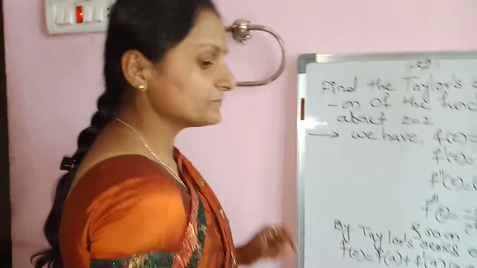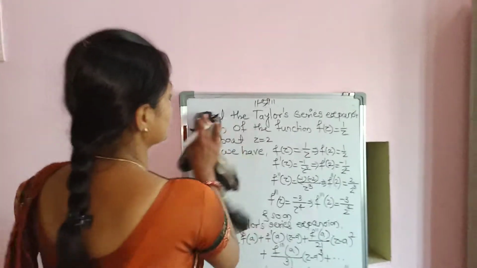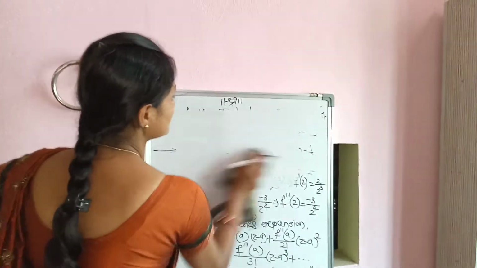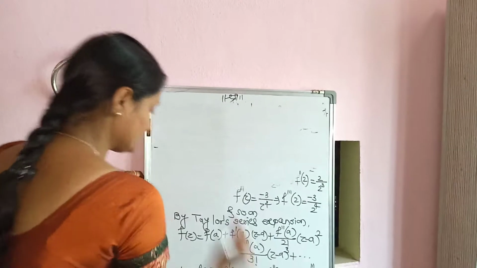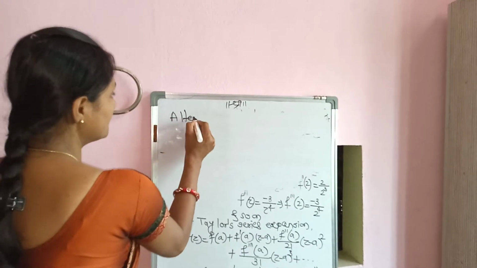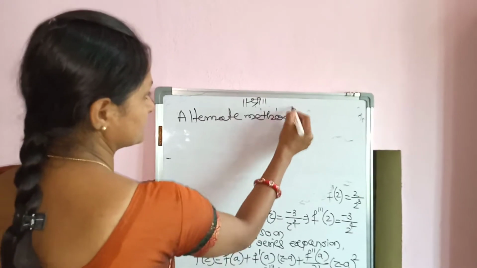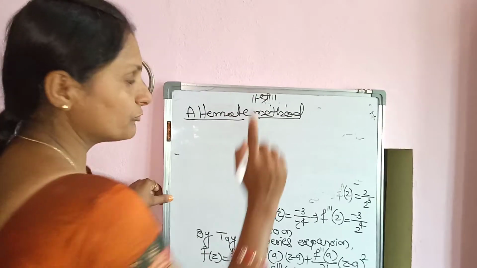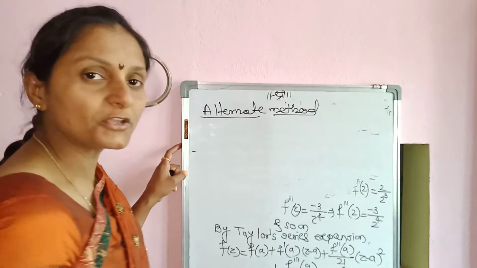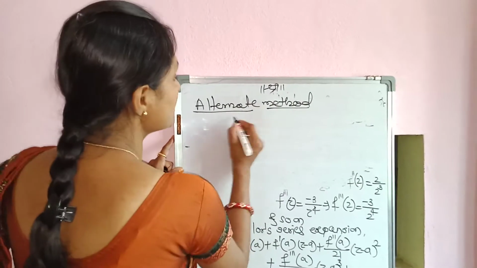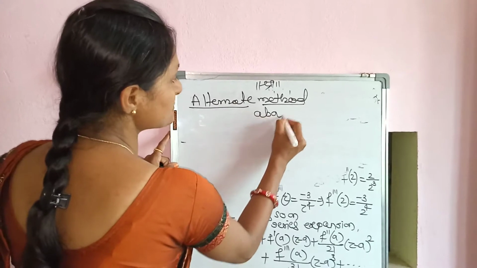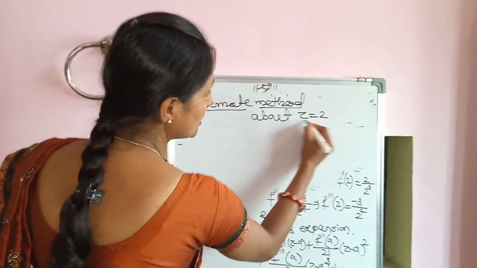Alternate method. Within the alternate method, note the point, you want to find the series expansion about the point z equal to 2.